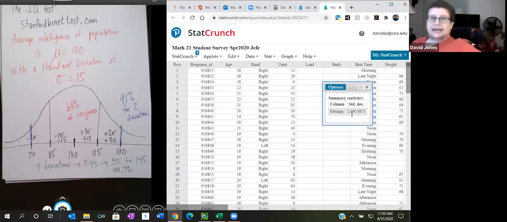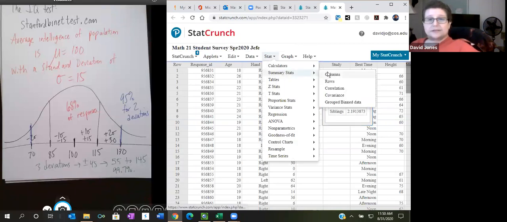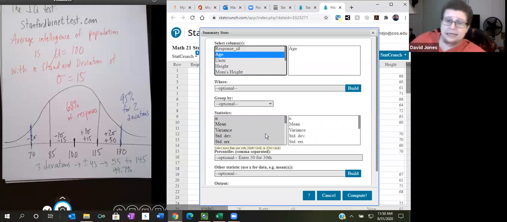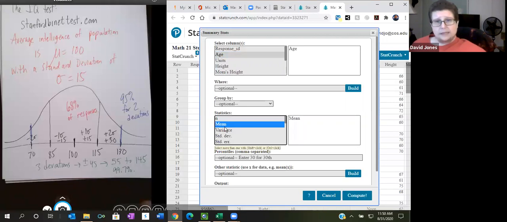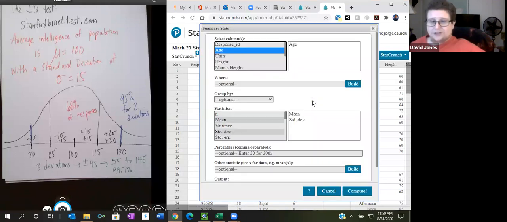But again, in StatCrunch, we're going to do Stats, Summary Stats, Columns. If I looked at the deviation in the age of the class, and I look at the mean, the average age of students in the class was 22 with a standard deviation of 6. If I add the range in there, range is also available on this Summary Stats Columns.